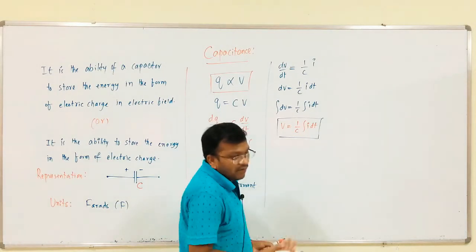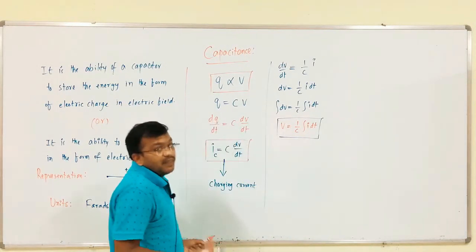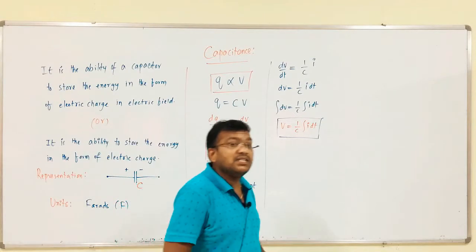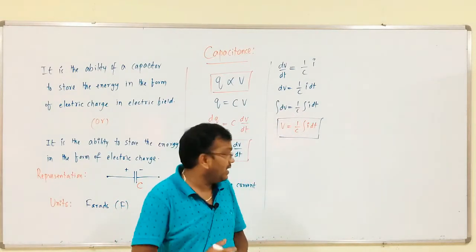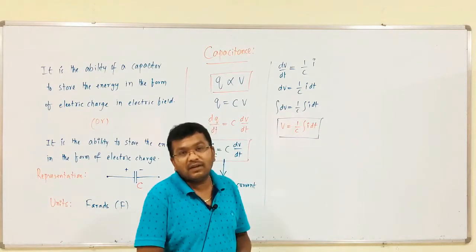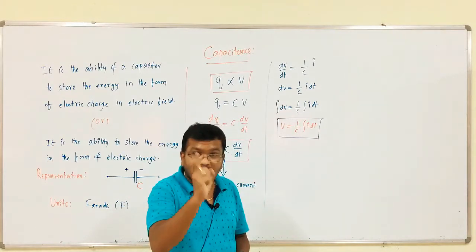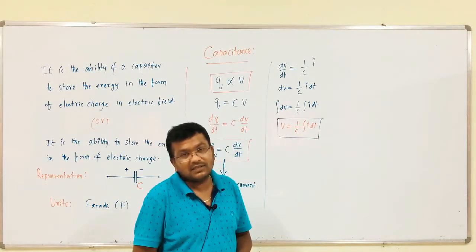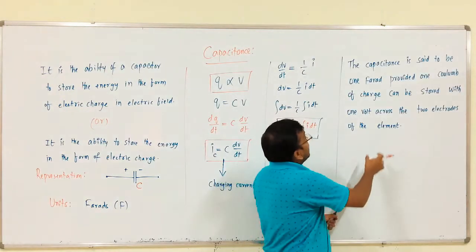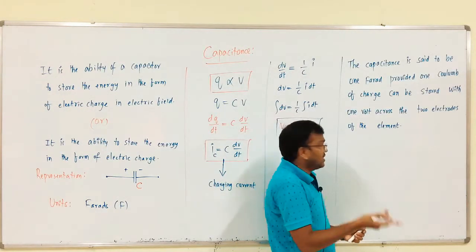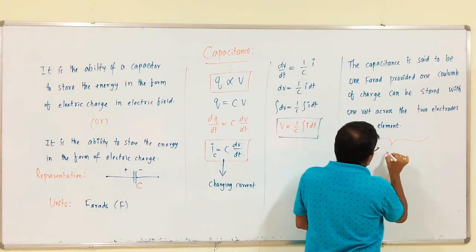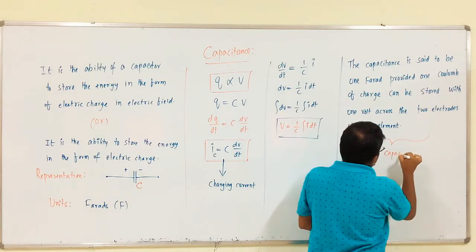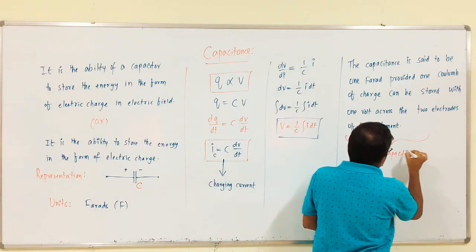Then what is the power absorbed by the capacitor? What is the energy stored in the capacitor? So, before that we have to define 1 farad capacitance. This is the definition for 1 farad capacitance.